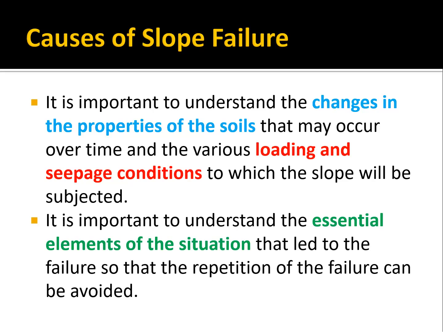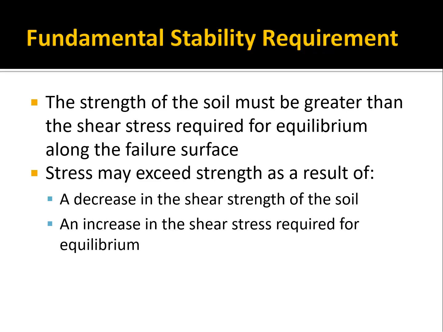Sometimes loading will cause the problem. And so we, as geotechnical engineers being paid to analyze this, when you're designing a highway or a subdivision or working on a mine, have to have a pretty good grasp of all these things that could potentially lead to a slope failure.